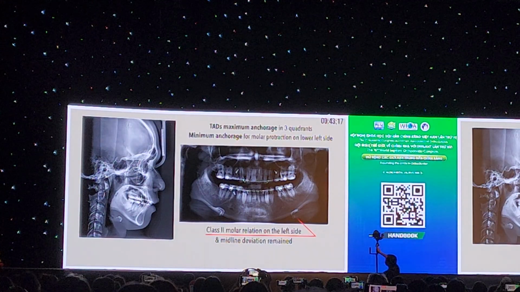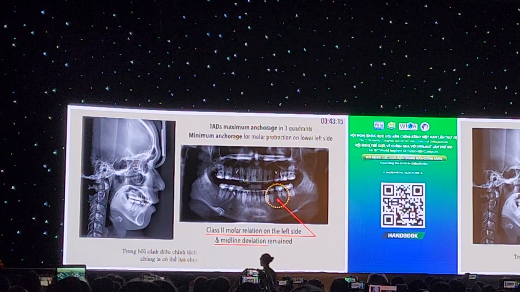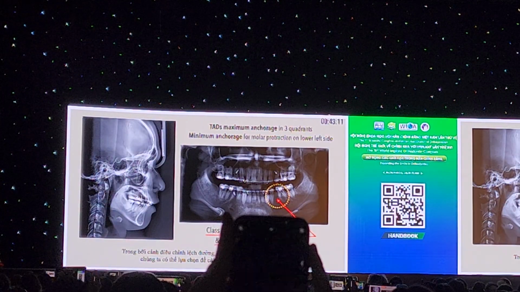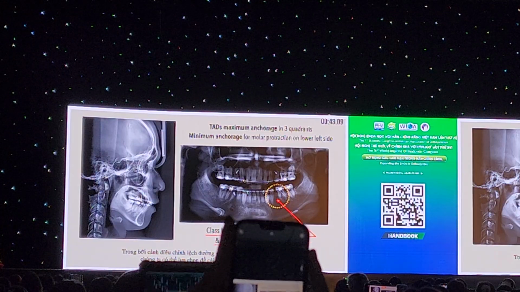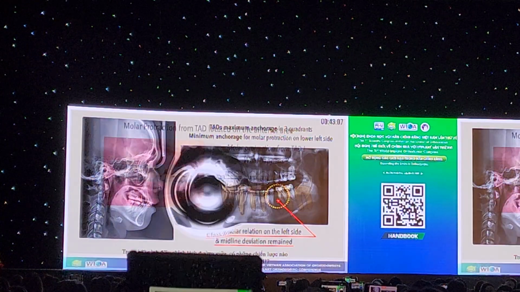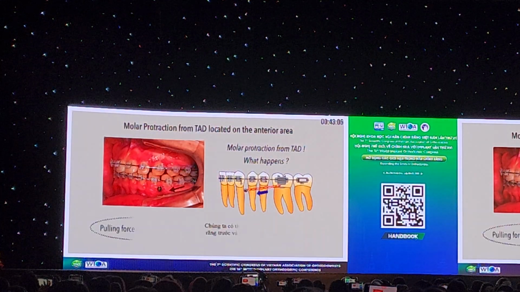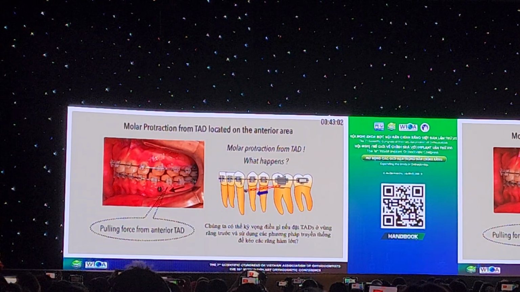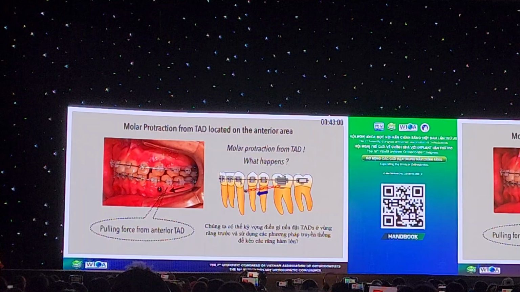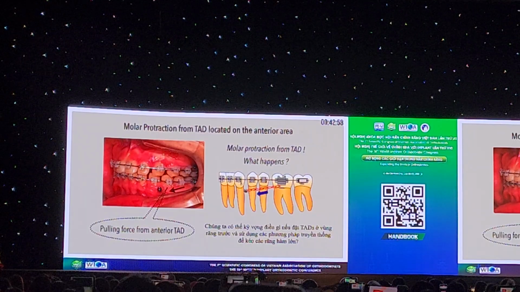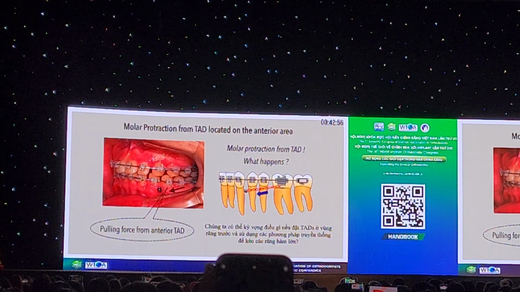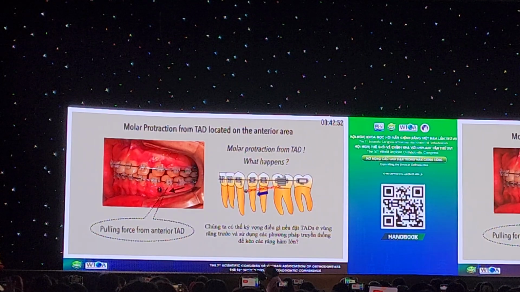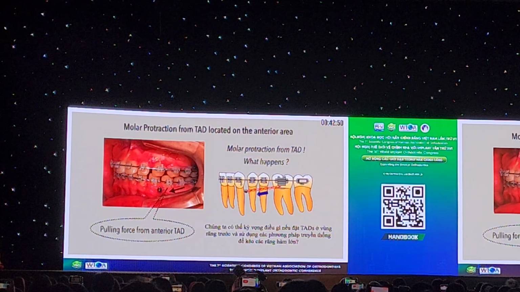In the context of midline correction, what factors can we choose to improve the class 2 occlusion of the molars? What responses can we anticipate if we insert TADs in the anterior region and utilize a conventional method to retract the molars?